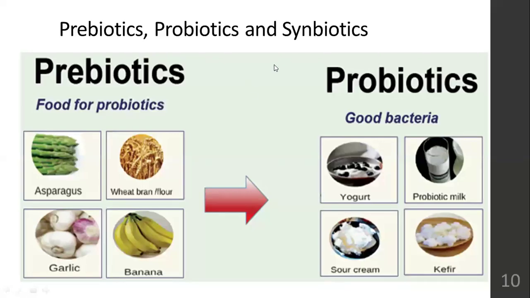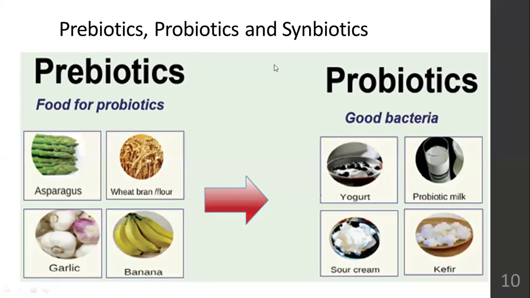So these are the examples of prebiotics and probiotics. Prebiotics, foods that are for your gut microbiome, are asparagus, shatavari, not that much used in India, and wheat bran. When you sieve the atta for kneading, what remains back in the sieve is wheat bran. Don't throw it away.